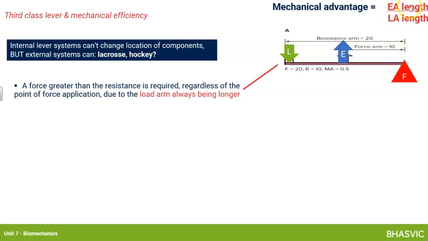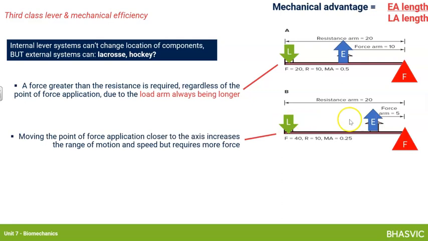So the effort arm is 10, the load arm is 20. That gives us a mechanical advantage of 0.5. So we can see that there's mechanical disadvantage always in these third-class lever systems. Always the load arm is going to be greater than the effort arm. However, if we can manipulate the extent to which they are different, we can either make it harder or easier.